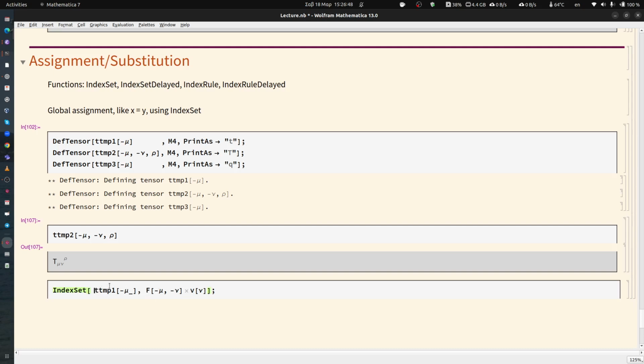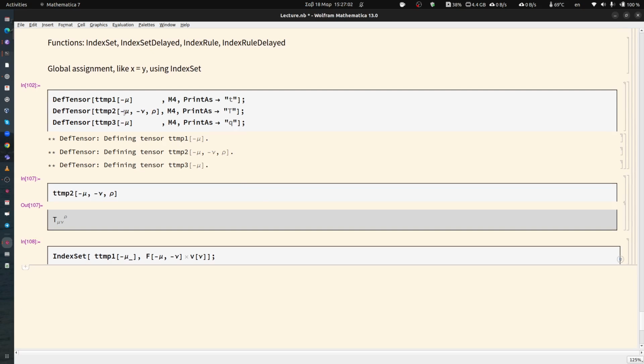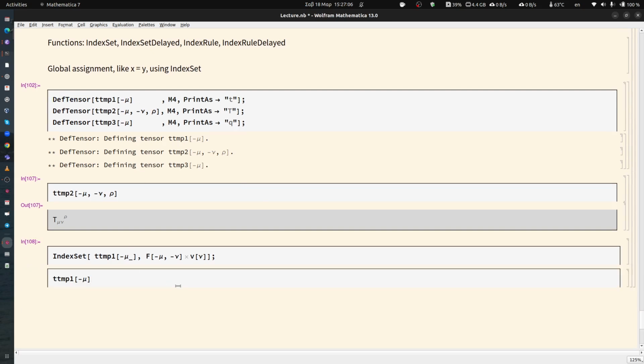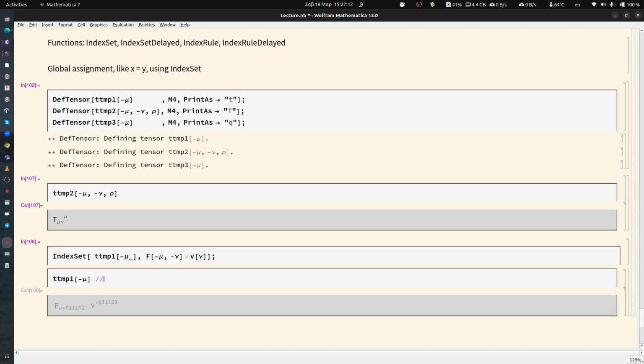So after the call of this function, whenever we write TTMP1, it will be substituted by the second argument here. So when we now write TTMP1 minus mu, you see that we obtain the expression involved in the second argument.